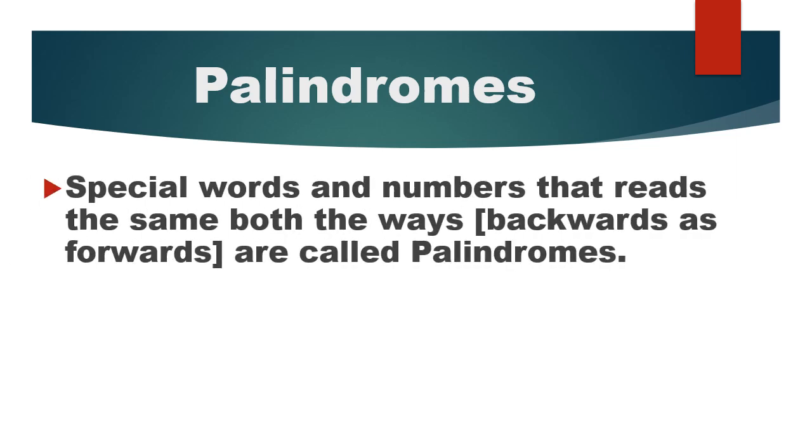Now, my dear students, it's the turn of a very interesting topic, palindromes. What are these palindromes? Special words and numbers that read the same both ways, backwards as forwards, are called palindromes.